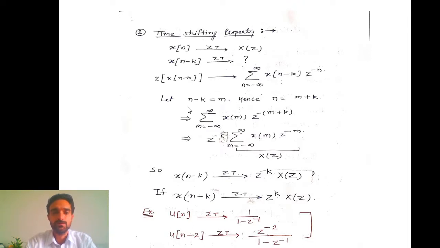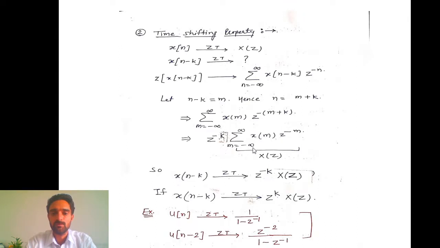So we substitute n minus k equal to m, then n is equal to m plus k. So we get x(m) z to the power minus (m plus k). We put m plus k in place of n. So z to the power minus k is a constant value, and we can take it outside the summation.